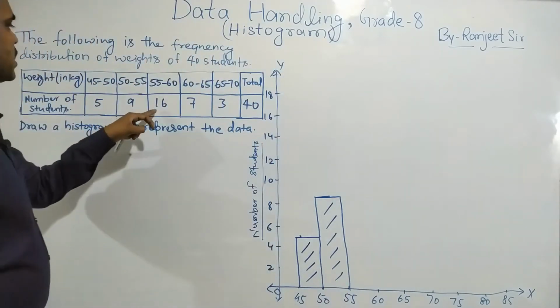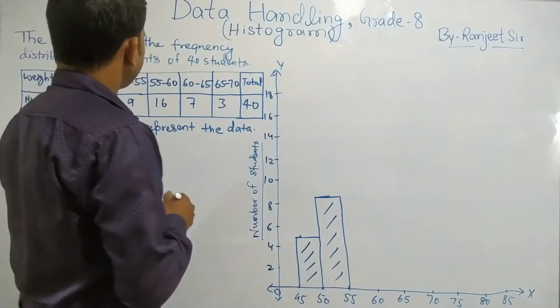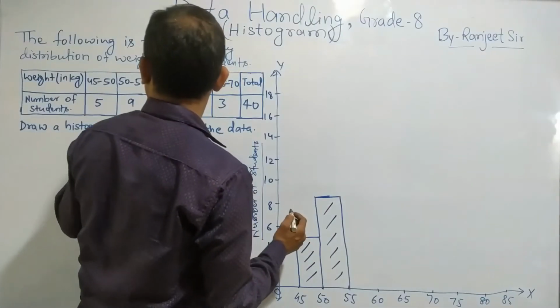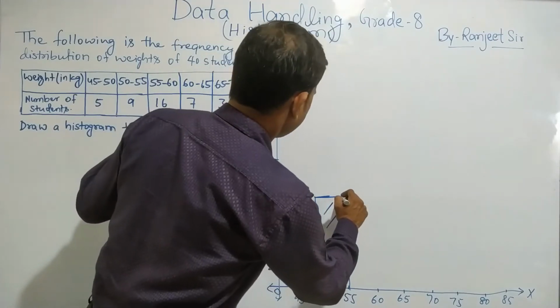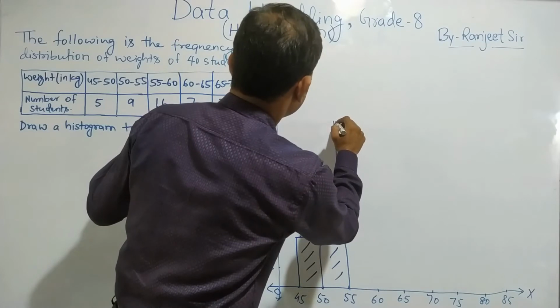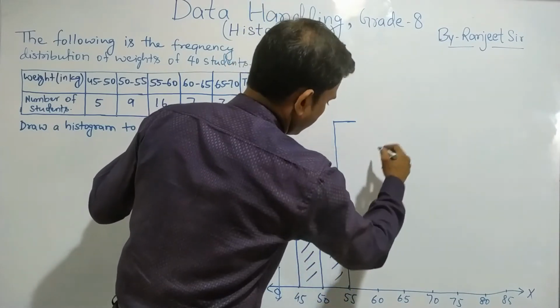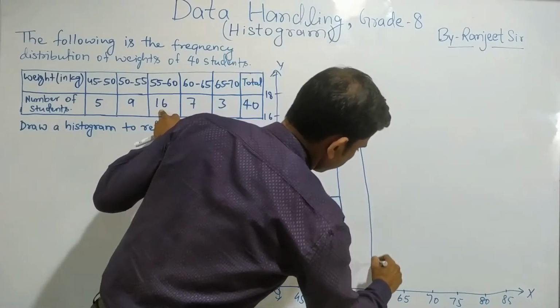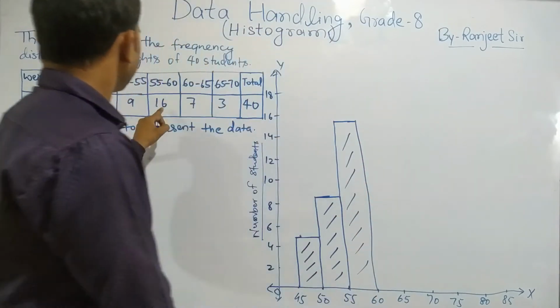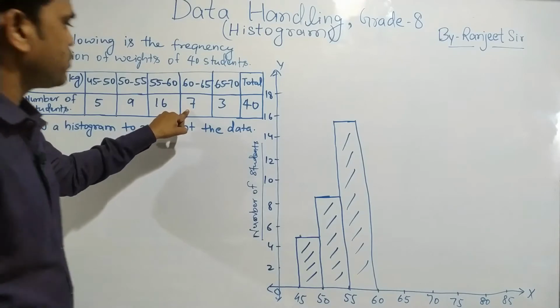Now the next is 16, which is between 55 to 60. So for 55 to 60, we have to represent 16, so we'll go till 16 and then cover till 60. Now the next is 60 to 65.